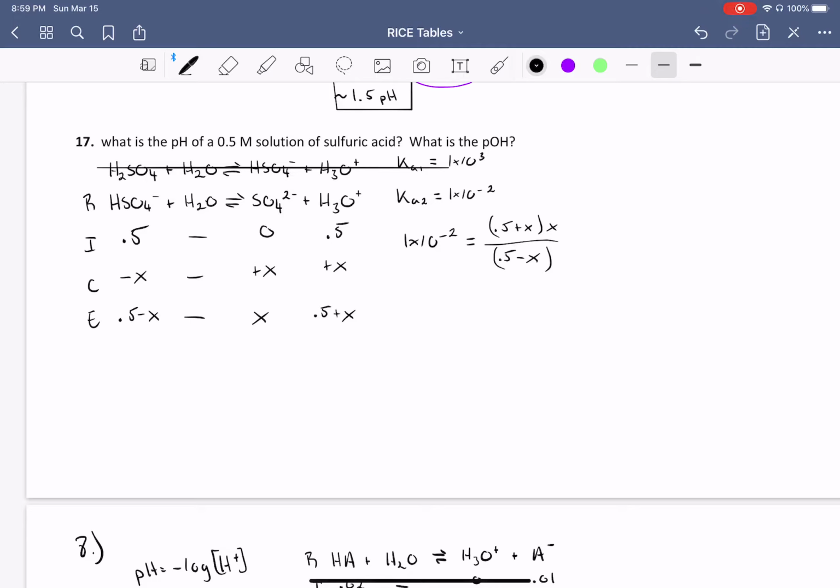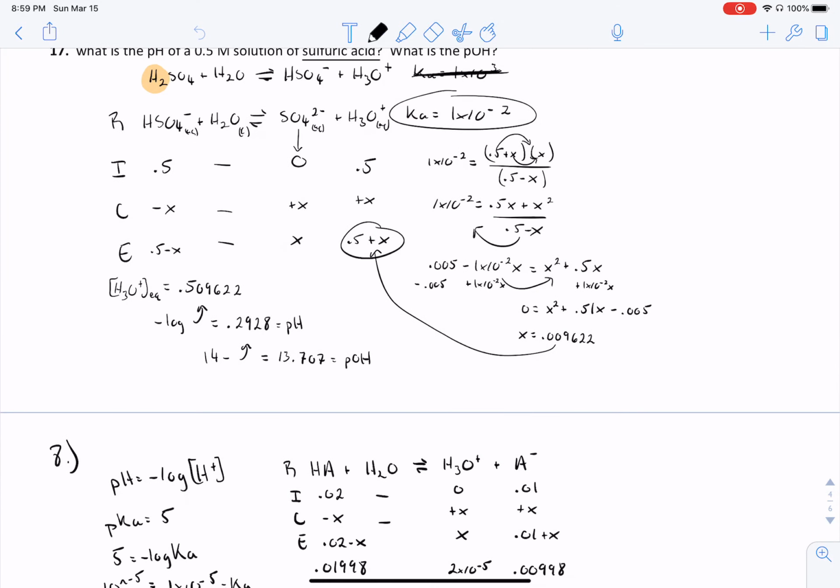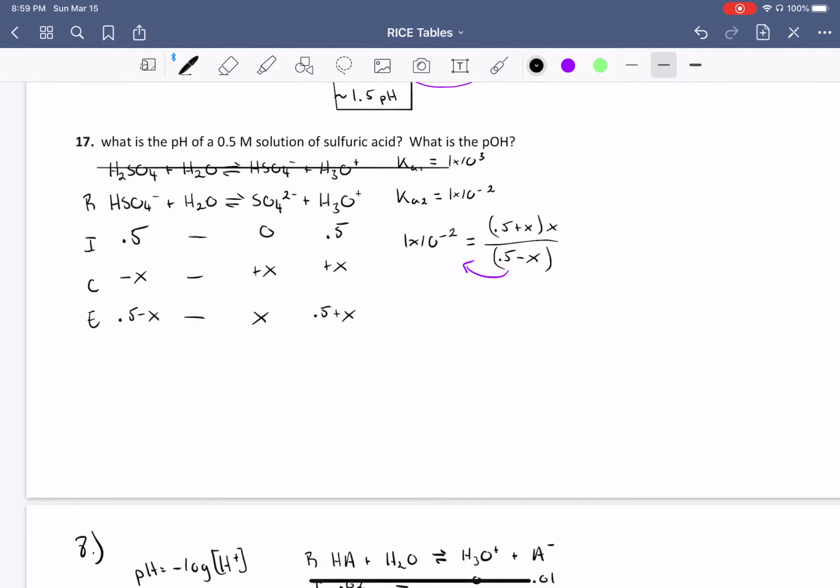And so now it's just our typical algebra. We're going to multiply this over, and we're going to get, I did this earlier just to make it faster, 0.005 minus 1 times 10 to the negative second x equals 0.5 x plus x squared, right? And from here, we're going to try to get everything in order of the quadratic formula.